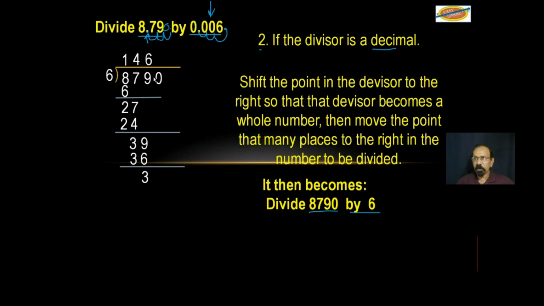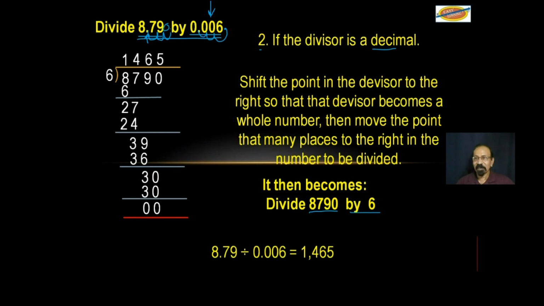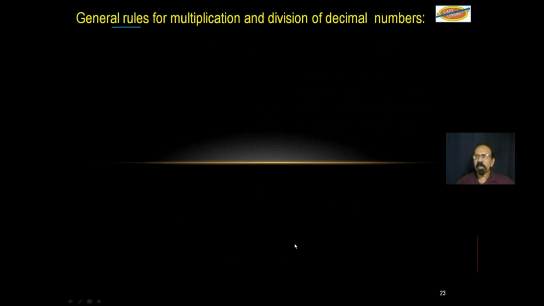Bring down the 0, 6 into 30, 6 fives, 30. And so your answer to this original question, 8.79 divided by 0.006, is 1,465.